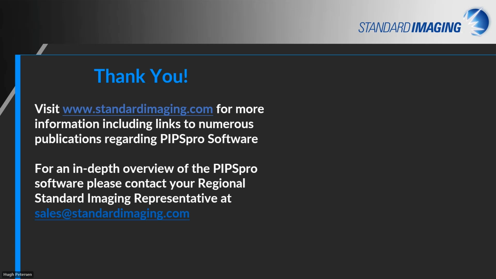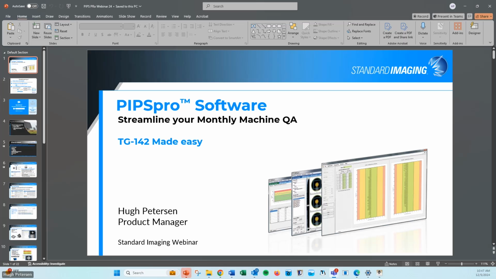Awesome. And I think we had one more in the chat from Adam. It says, with an Elekta Versa HD, is there a way to have the gantry and table angle information come over with the EPID images to import? They said they're having to manually import those right now. That's another question I'm not quite sure about.